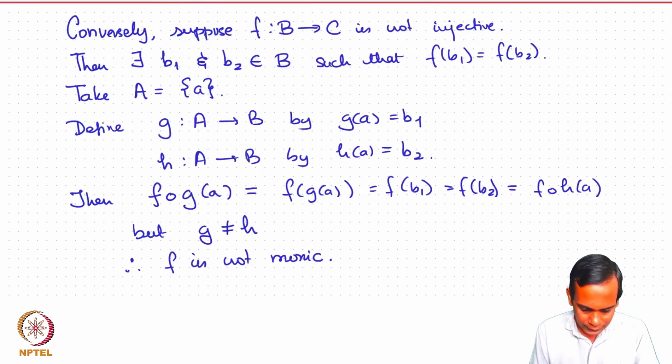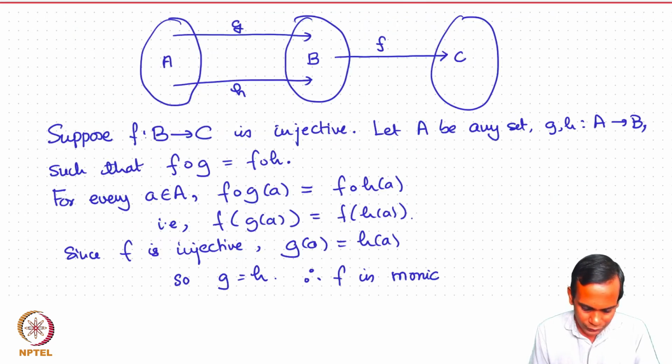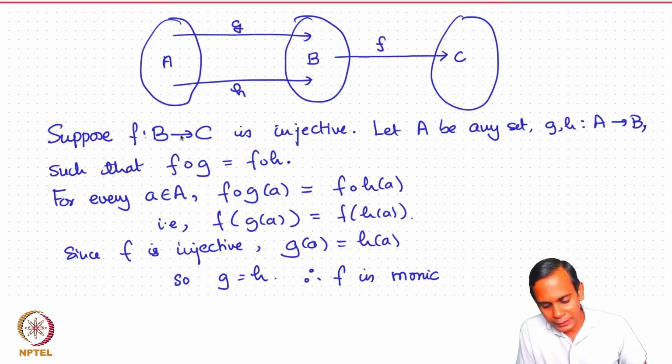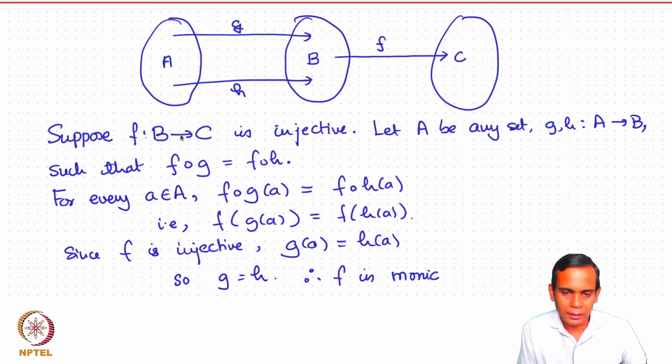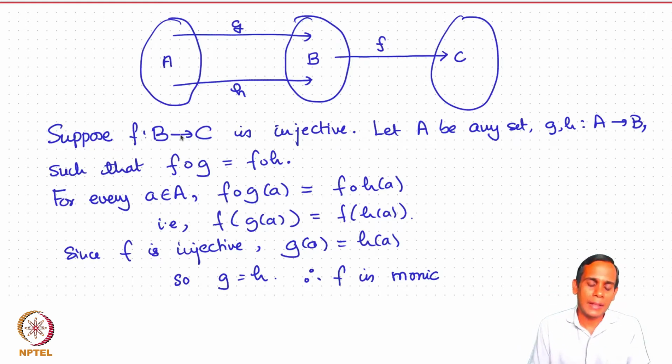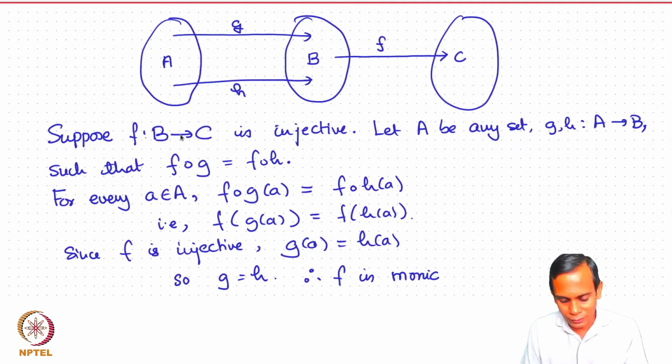I've already proved it. If you look at this proof here, I'm proving that in the category of sets, every injective arrow is monic. But here I have not really used any property of the category of sets. This proof holds equally well for any category where the objects are sets and arrows are functions.